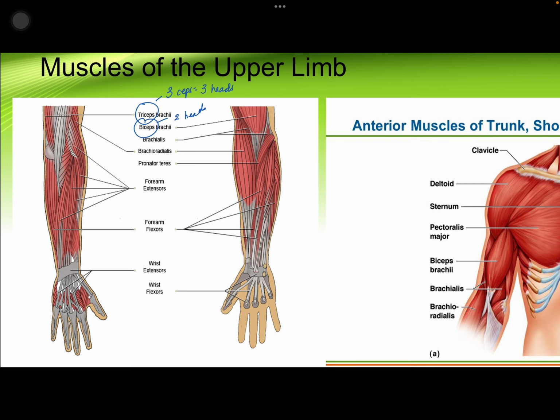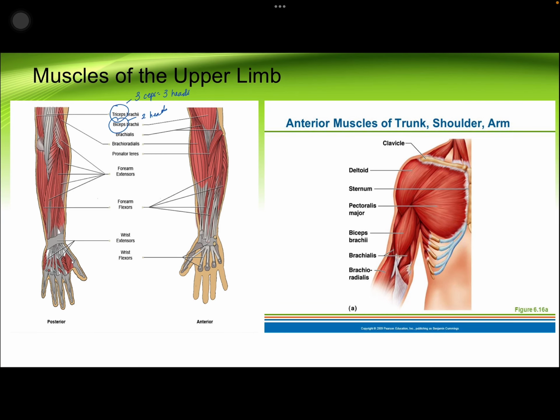Then we have the brachialis, the brachioradialis, your pronator teres, the forearm extensors, the forearm flexors, the wrist extensors, and the wrist flexors. Then the muscles of the shoulder, we have the clavicle here, which is a bone. Then your deltoid, this is where usually the IM or intramuscular injection is given. And you have the sternum at the center, the pectoralis major, the biceps brachii, the brachialis, and the brachioradialis.